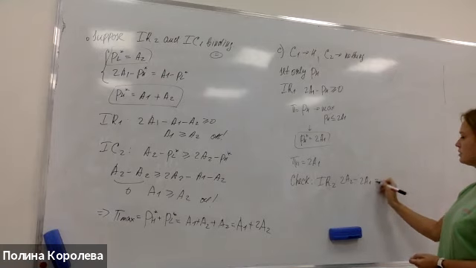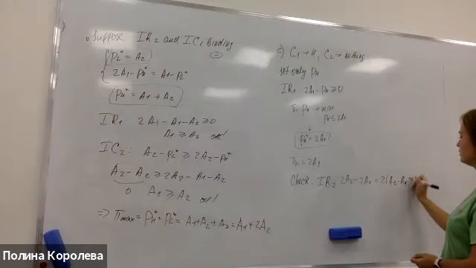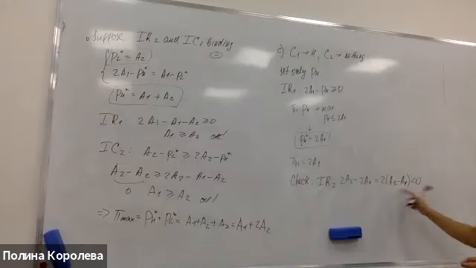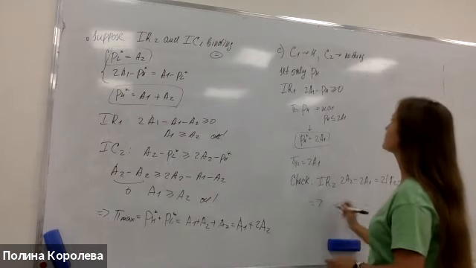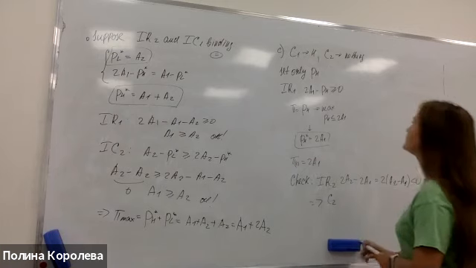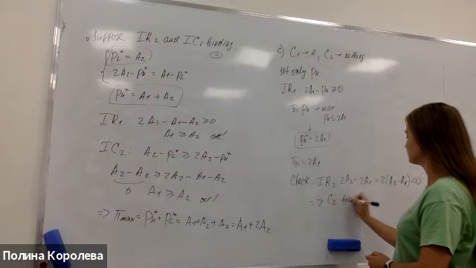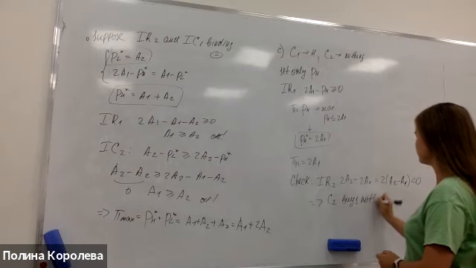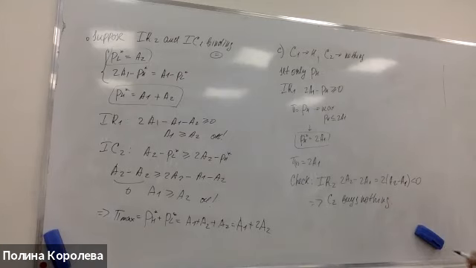We see this is 2A2 minus 2A1, and this is less than 0. So definitely our second consumer does not want to buy anything, because buying the high quality good gives him net utility less than 0.